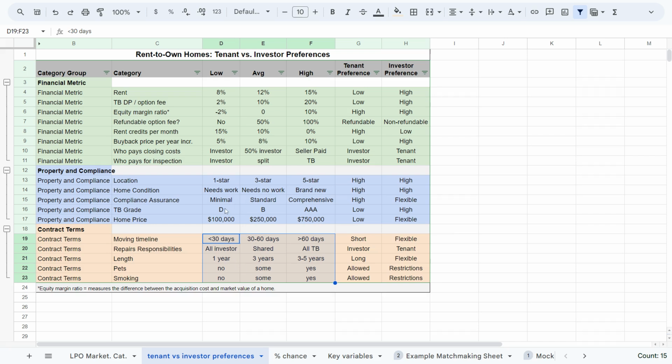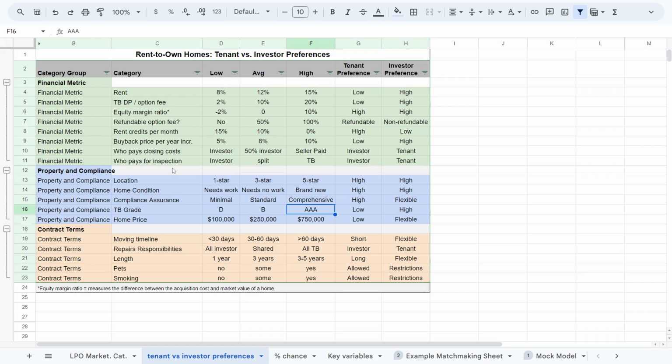What a tenant buyer grade is just in general a lower grade versus a high credit score, high income earner, and then some average purchase prices along with some homes. So as you go through the negotiations, these are the key categories that we have found to be the most impactful from a negotiation standpoint between the tenant and the investor.